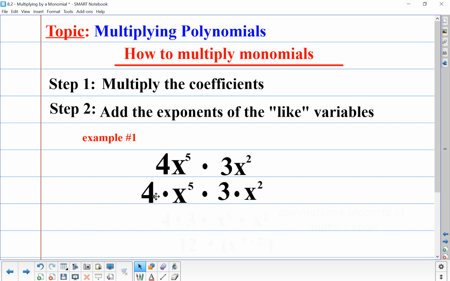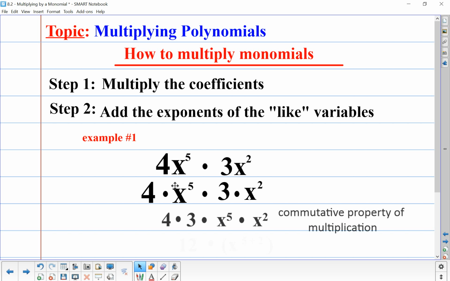Since all of these are being multiplied, we can use the commutative property to rearrange this multiplication problem. When I rearrange the factors, it's a lot easier to see that you can multiply these coefficients and you can multiply these like bases and use those power rules that you previously learned.